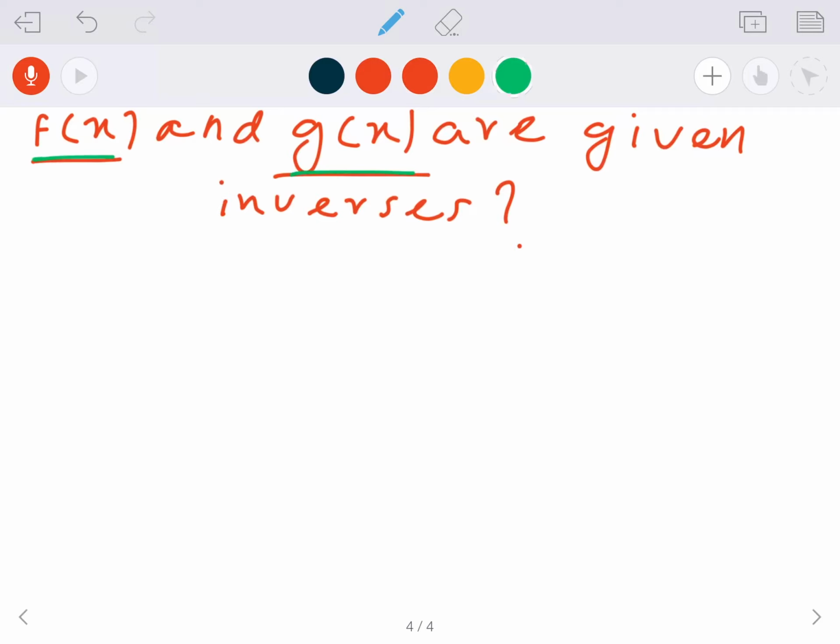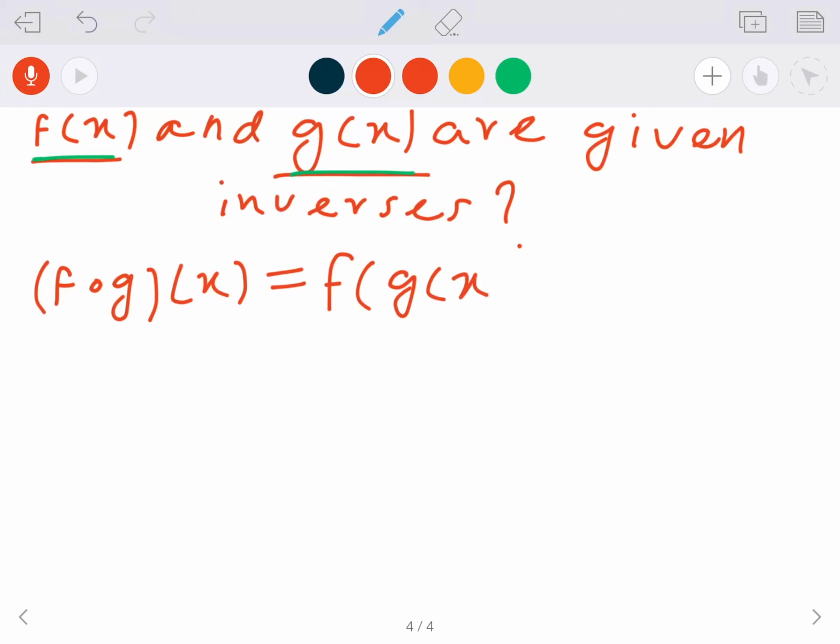from the previous chapter. So we need to find f of g of x, which you can also write like this. So g of x is going to go inside the big parenthesis.